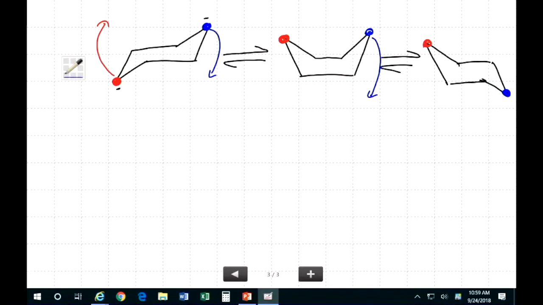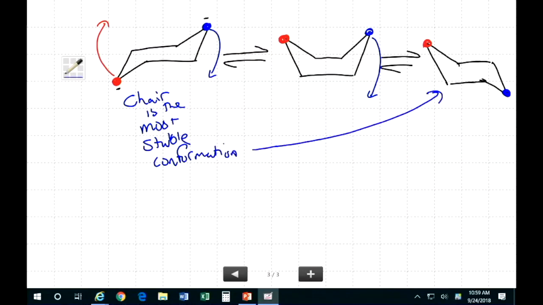Now, when you look at these, the chair is the most stable conformation.